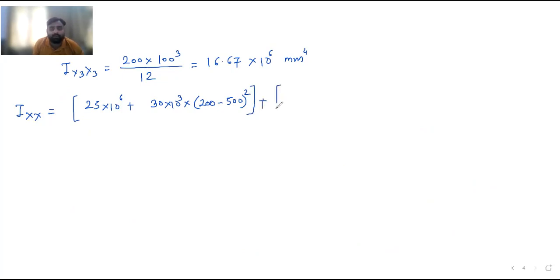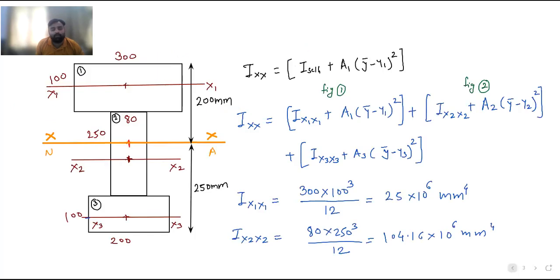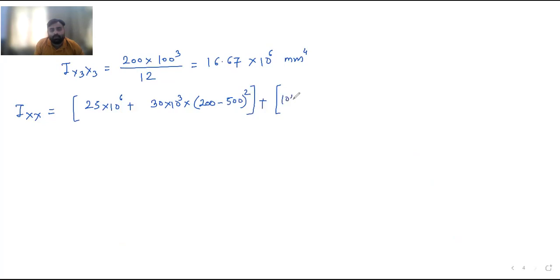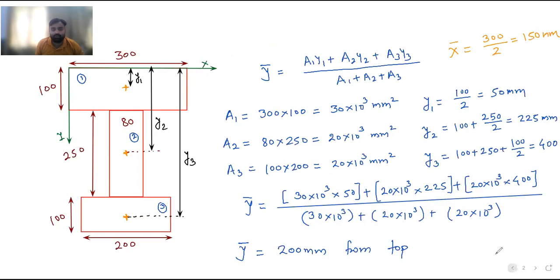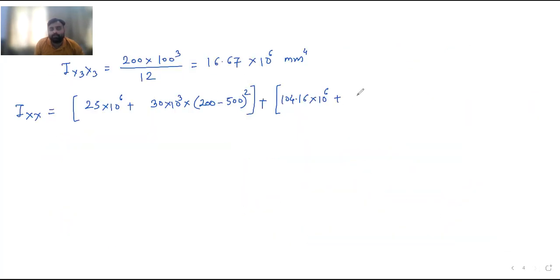Second figure: plus, for the second figure the moment of inertia is 104.16 into 10 raised to 6, plus A2, the area of the second figure, 20 into 10 raised to 3, then (y bar minus y2) square.